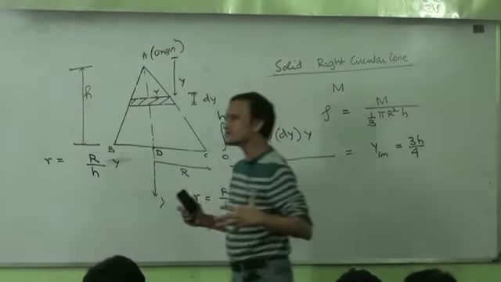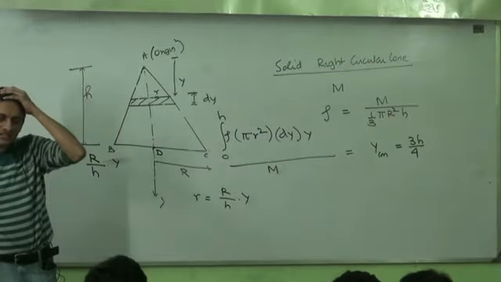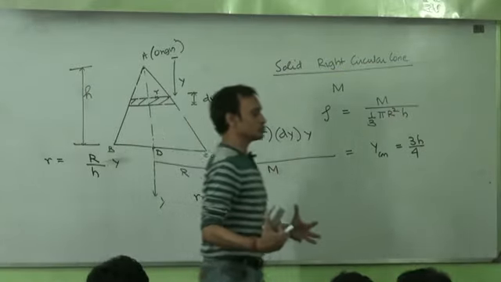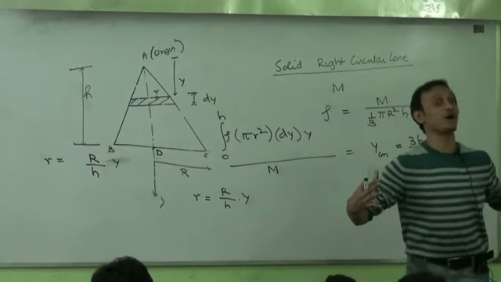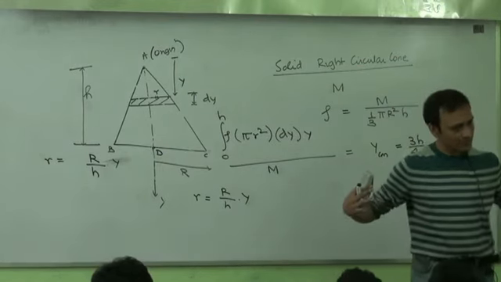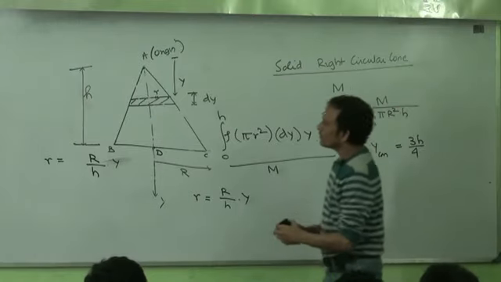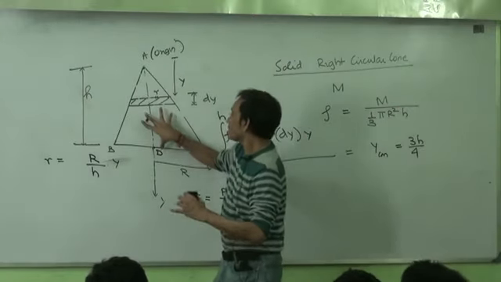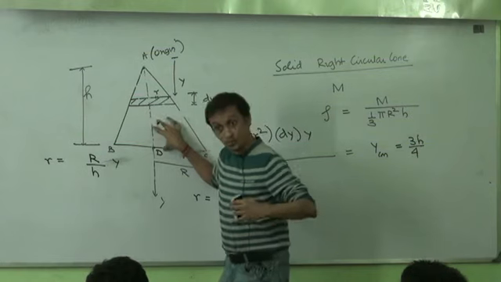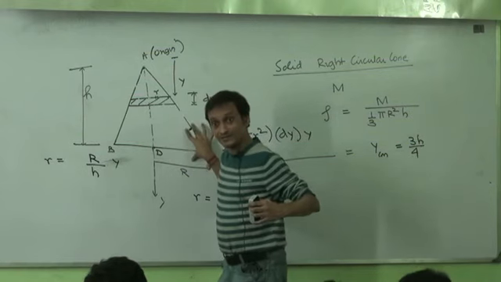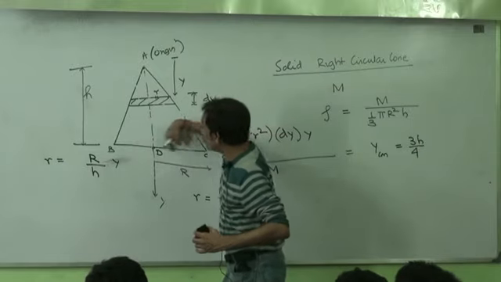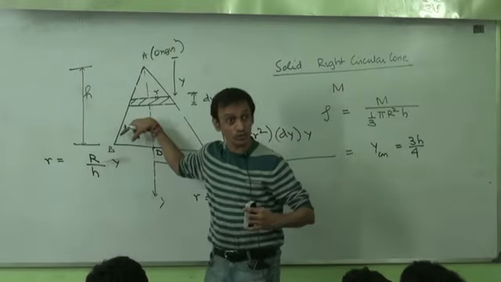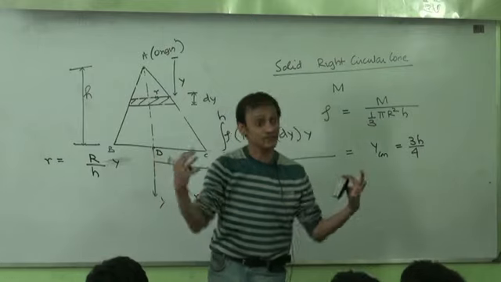And the center of mass will always give greater privilege to the portion of a distribution where there is greater mass, right? So obviously, as you keep moving down, it becomes more and more massive below, so the center of mass will be closer to the base, because that's going to give you a heavier mass distribution.